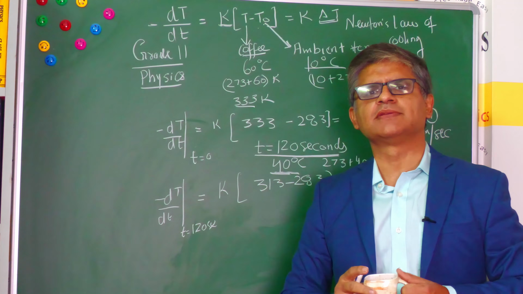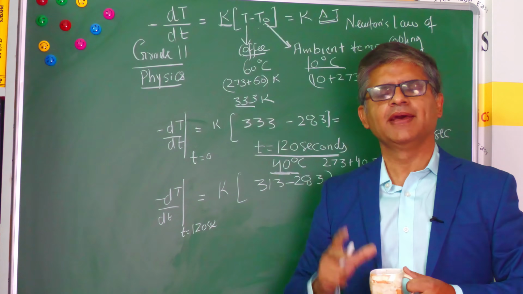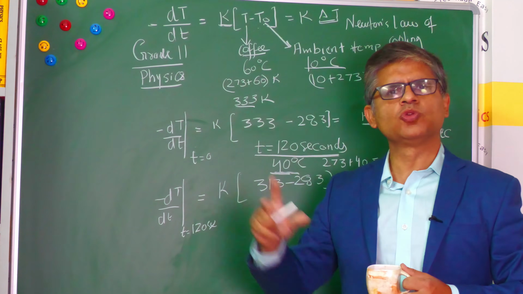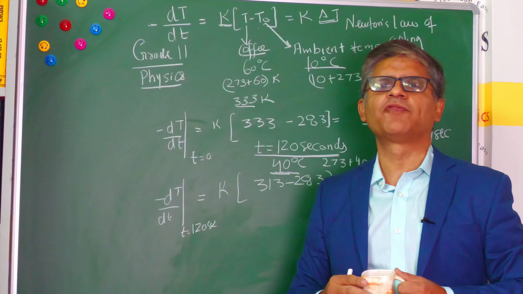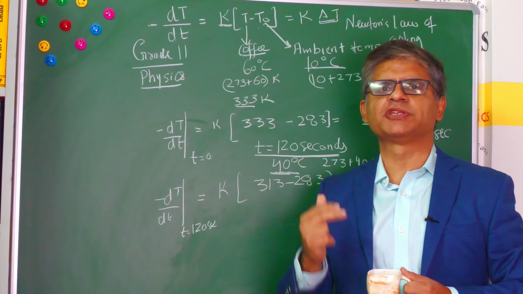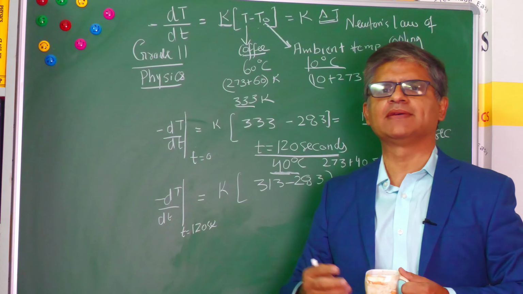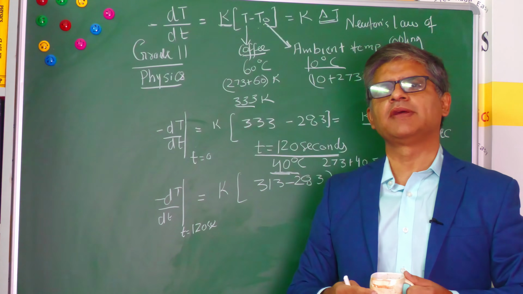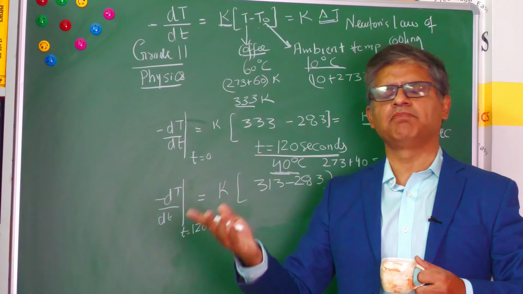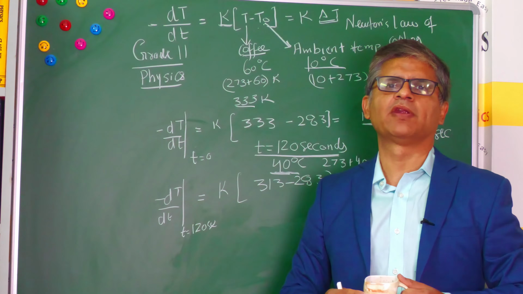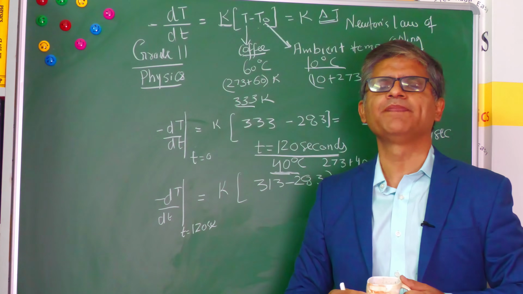in those circumstances, it is advisable to apply Stefan's law. Do not apply Newton's law of cooling to situations where it's the sun getting cooler by the day or by the second, because the temperature difference between the sun and the surrounding is very, very large. So go for Stefan's law.